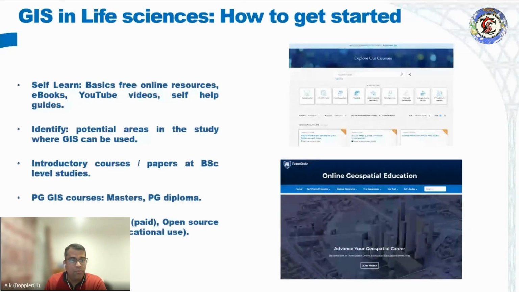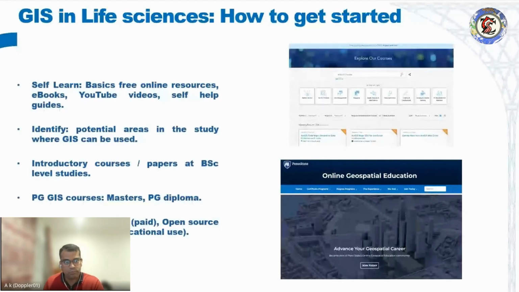If you want to go to postgraduate level courses, universities do offer courses. I don't know about Mumbai University at the moment, I haven't checked it, but Pune University, Symbiosis, and a lot of others like Bharati Vidyapeeth in Pune have postgraduate diploma as well as master's level GIS courses.